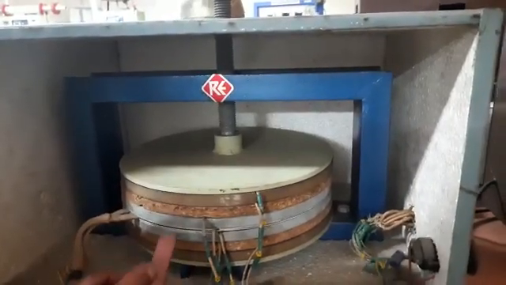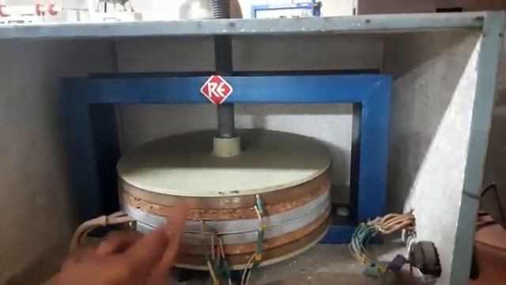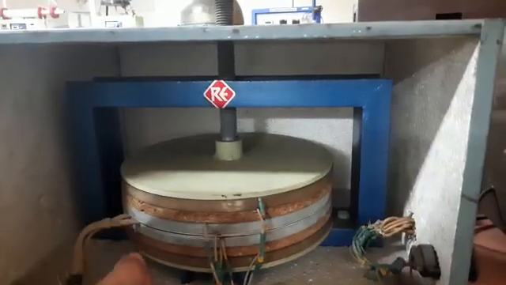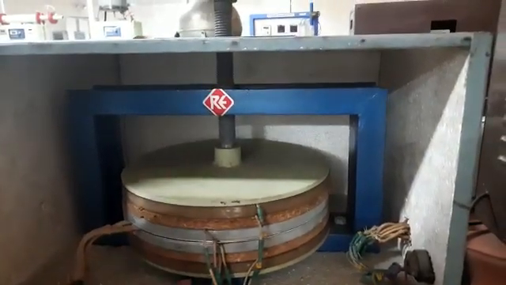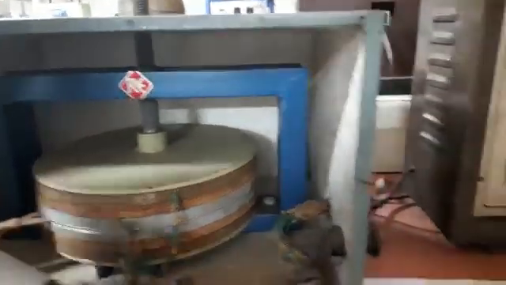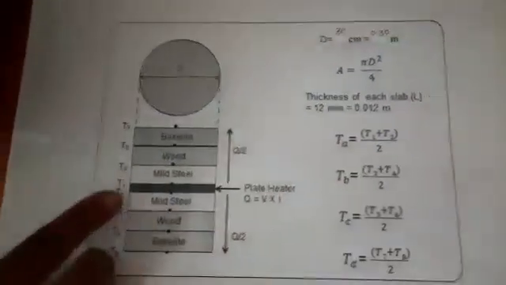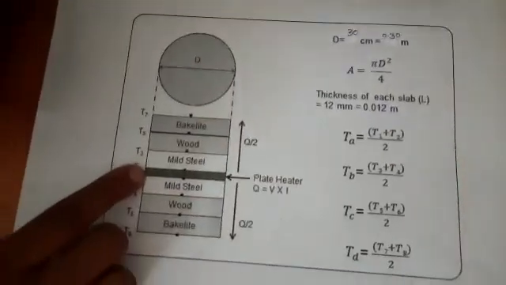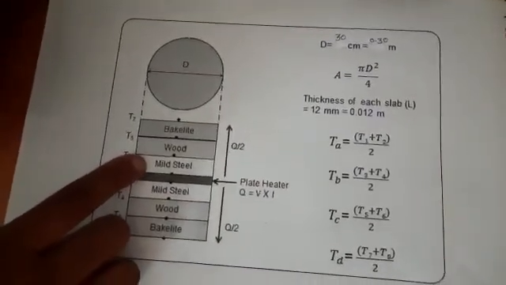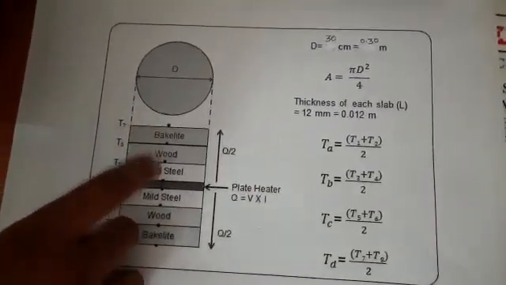What we do is we measure the temperature at each interface using the thermocouples. There are 8 such thermocouples, as you can see from this 2D diagram. The inner one is the plate heater, then you have mild steel, wood and bakelite on the top.